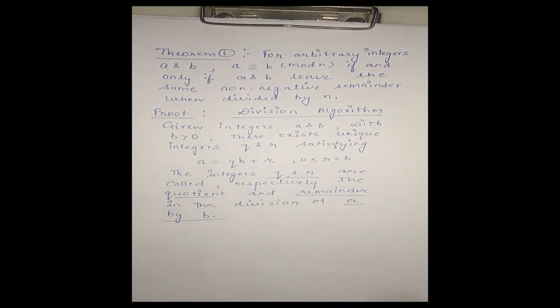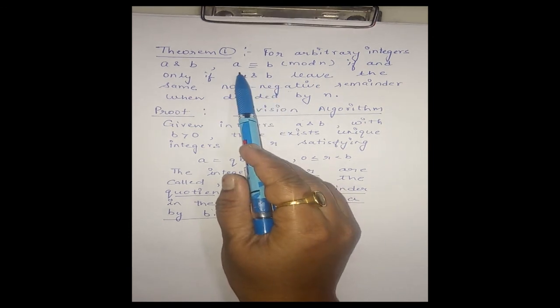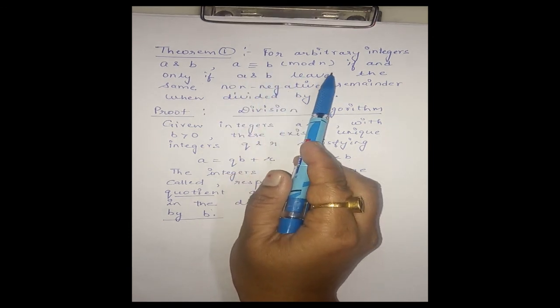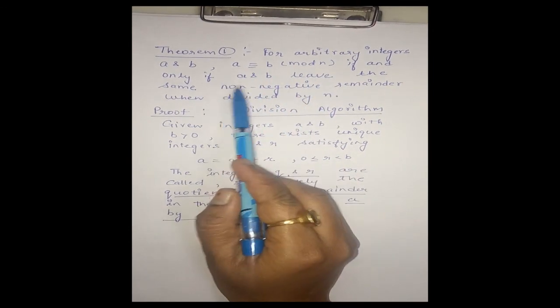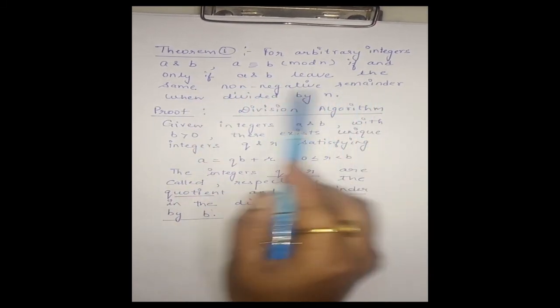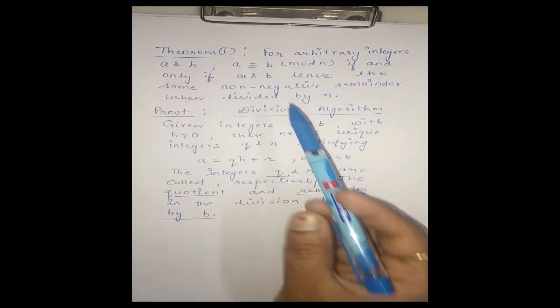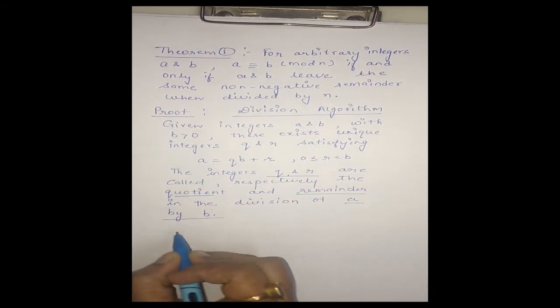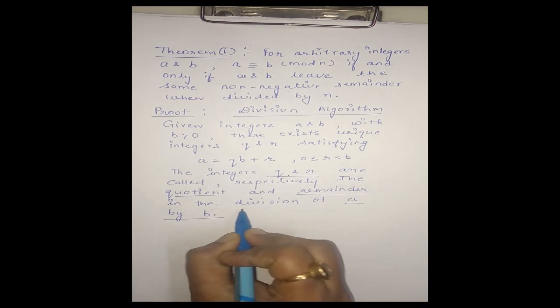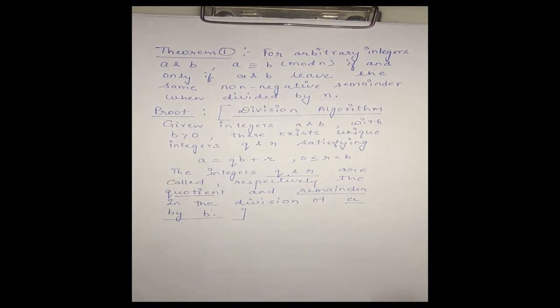Now we have to prove: let a be congruent to b modulo n. Our target is to prove a and b leave the same non-negative remainder when divided by n, and then we prove the converse. Now the proof starts here.